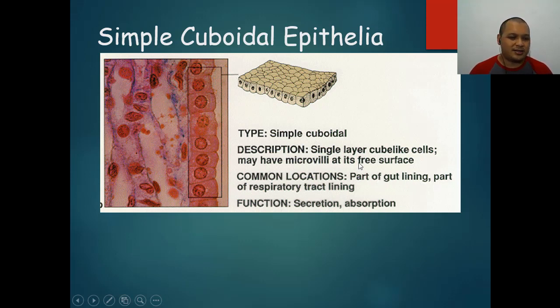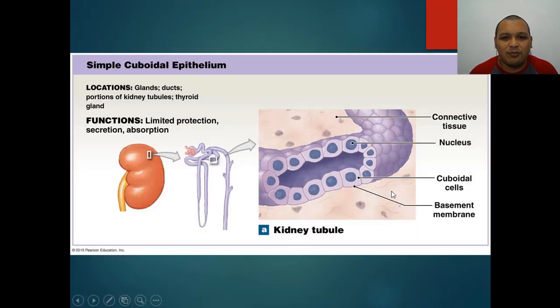And because we can find it in the kidney, in terms of function, it's almost similar to the previous one. So it can be used for secretion and also absorption. So this is the example. We can find the cuboidals in our kidney. So the things that we mostly talk about are urine transfer or urine production.